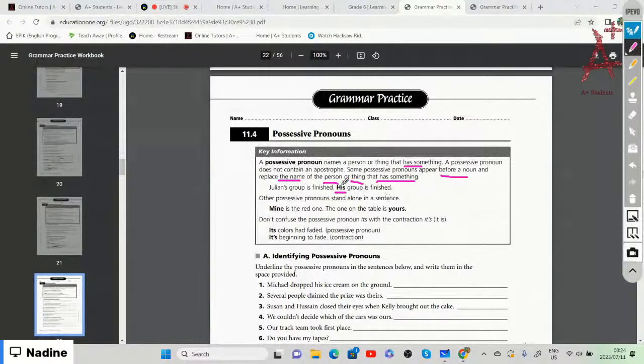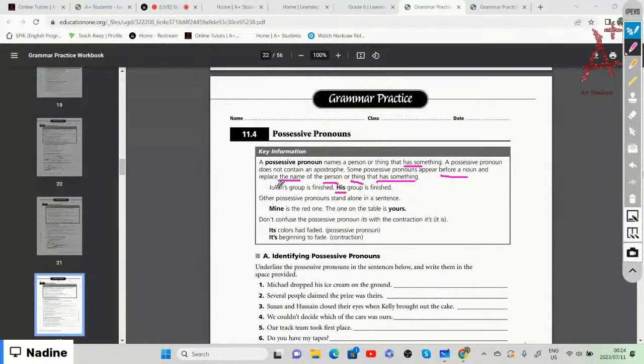His group is finished, which means that we replace Julian's name. So instead of saying Julian's group, we can say his group is finished.